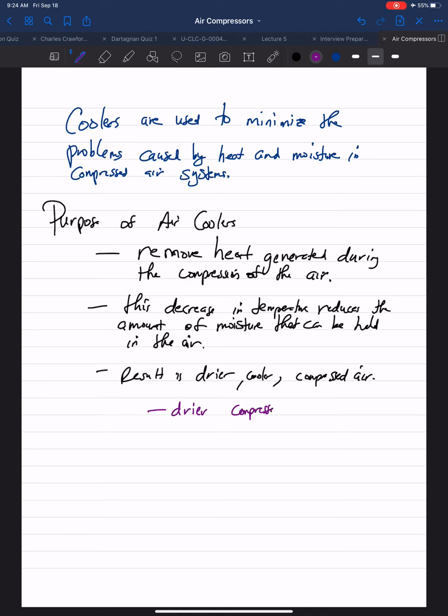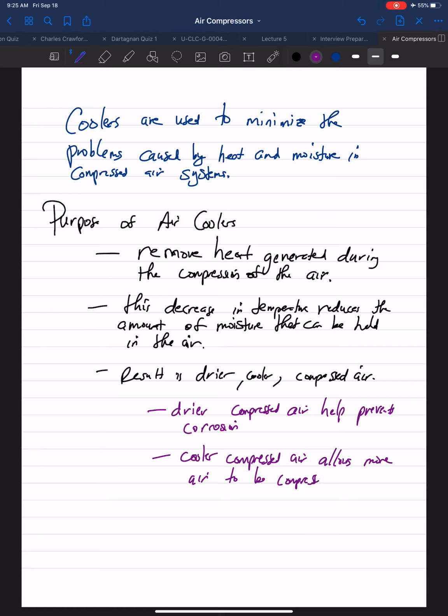Drier compressed air helps prevent corrosion, and cooler compressed air allows more air to be compressed for a set volume.